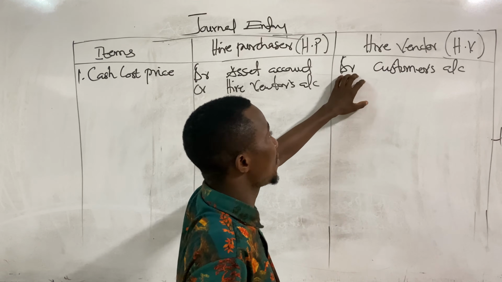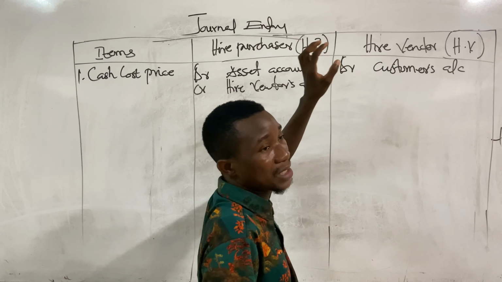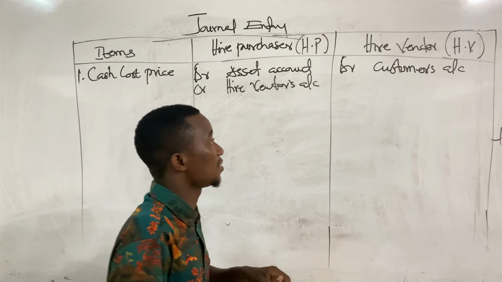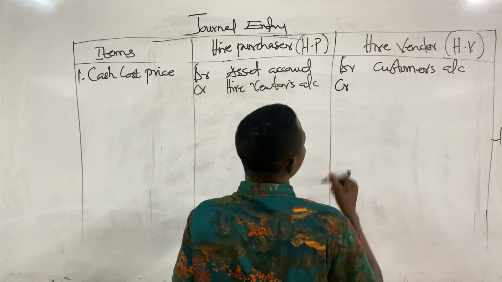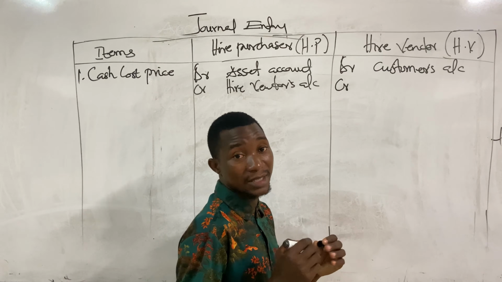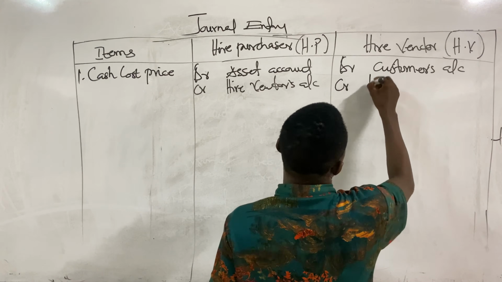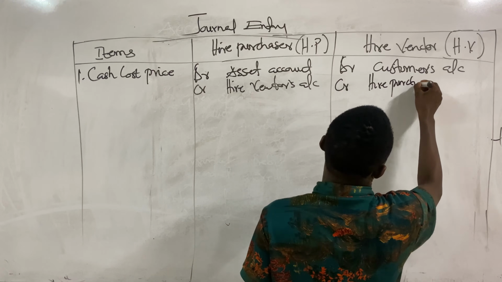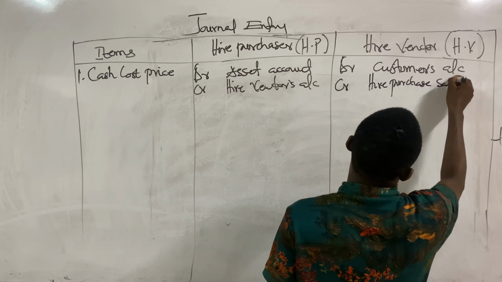So we debit the hire purchaser with the cost price or the sales price of the item, then we credit the hire purchase sales account.